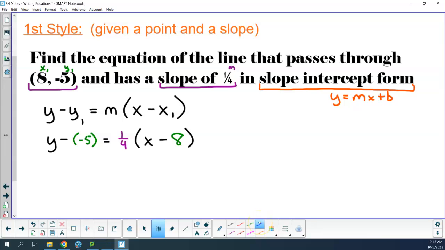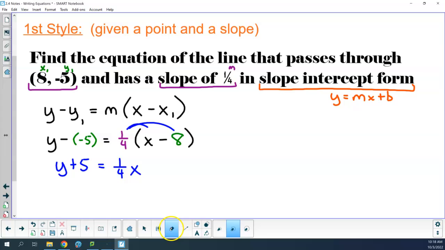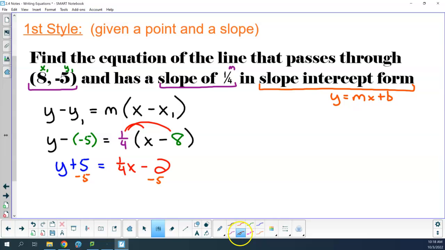So then this is going to be y plus 5 equals 1/4 x, if I distribute, 1/4 x minus 2. Then when I subtract 5 from both sides, I get y equals 1/4 x minus 7.